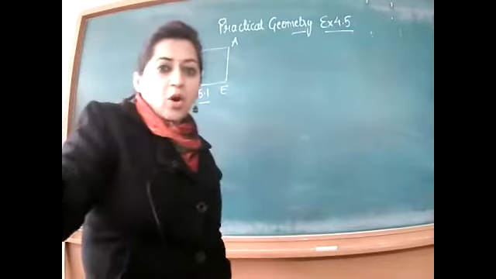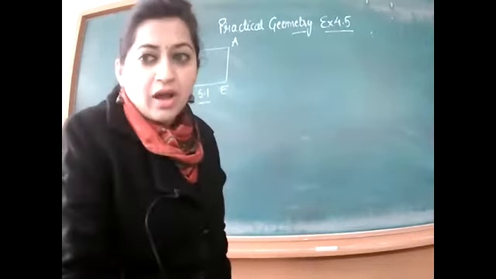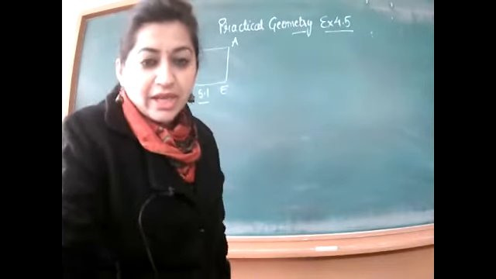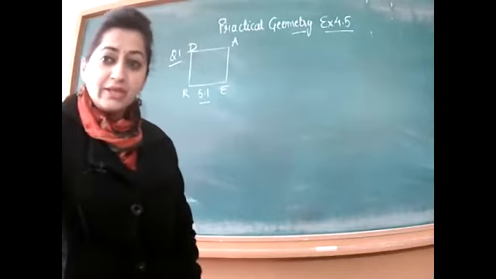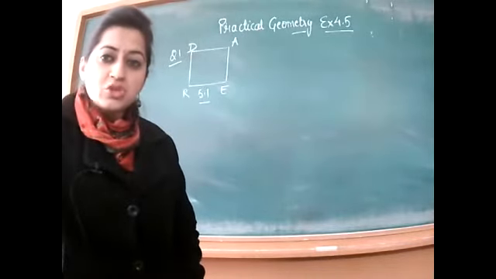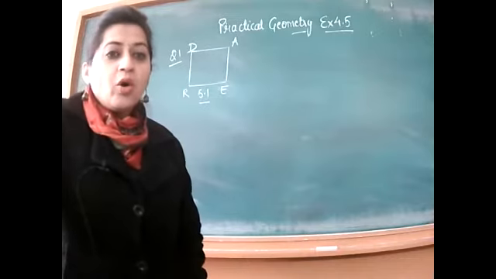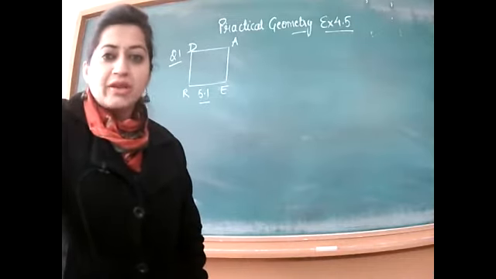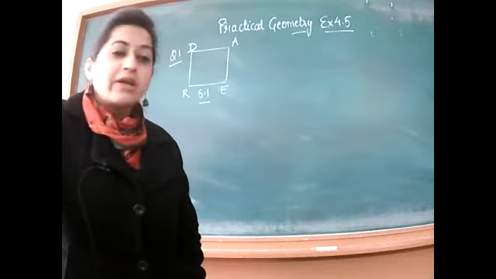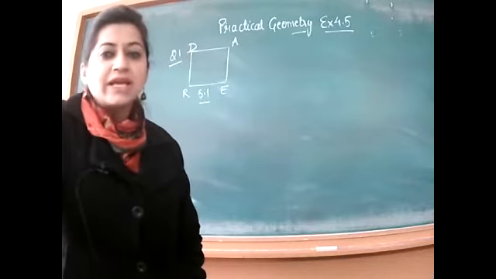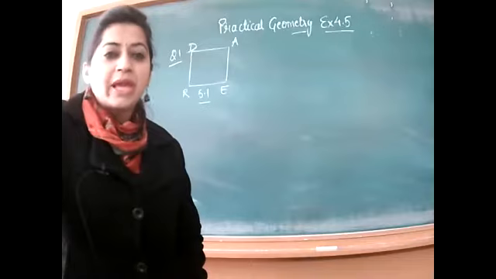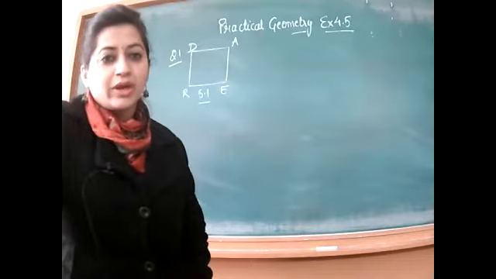As you know, all the sides of a square are equal and each angle of a square is a right angle. So you will use these two properties to make this square. Always in the case of a square and rectangle, you will use a property regarding the side as well as the angle. Then only you will be able to complete your required figure.